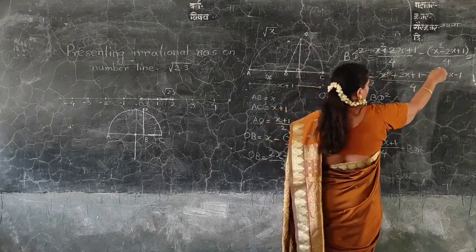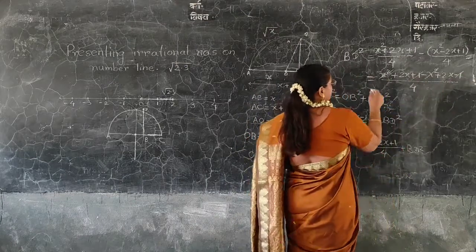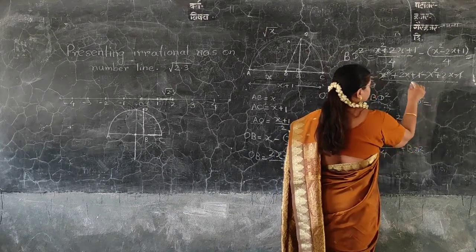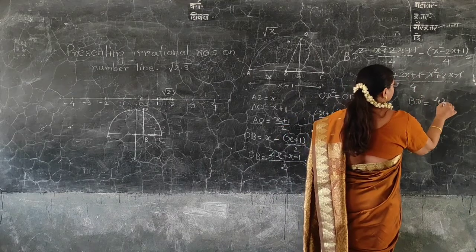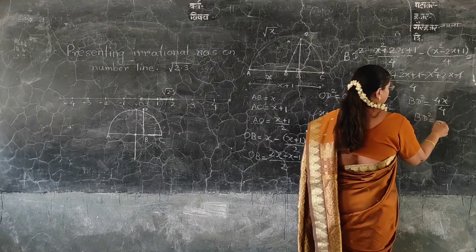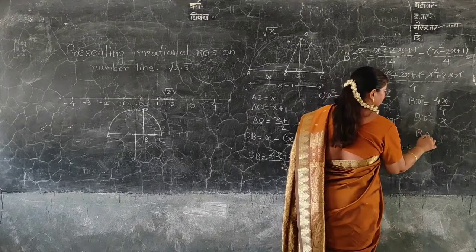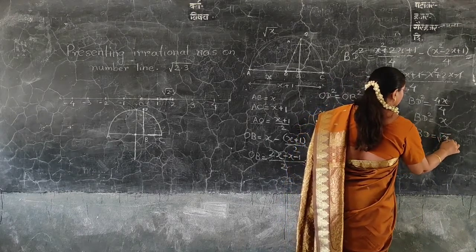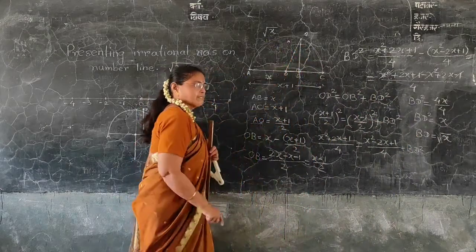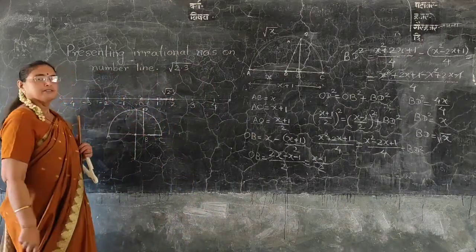So x square minus x square will be cancelled, plus 1 minus 1 will be cancelled, and BD square will be equal to twice x plus twice x, that is 4x upon 4, that is BD square equal to x, and taking square root, the distance BD comes out to be root x. In this way, this distance BD is equal to root x, and that we have to take into account and draw it on the number line.